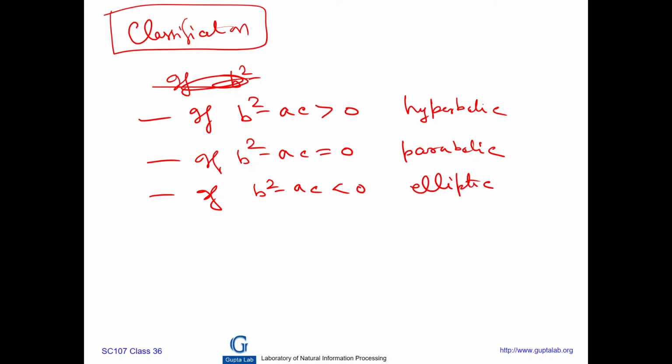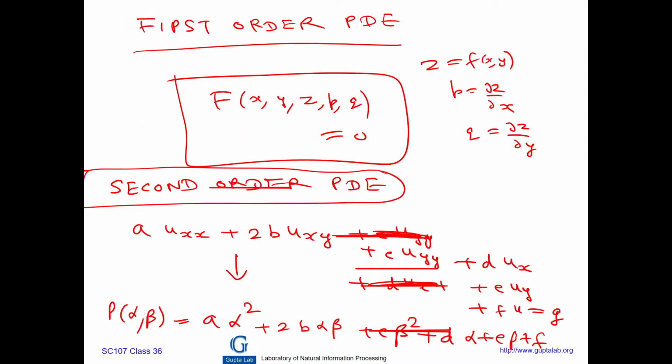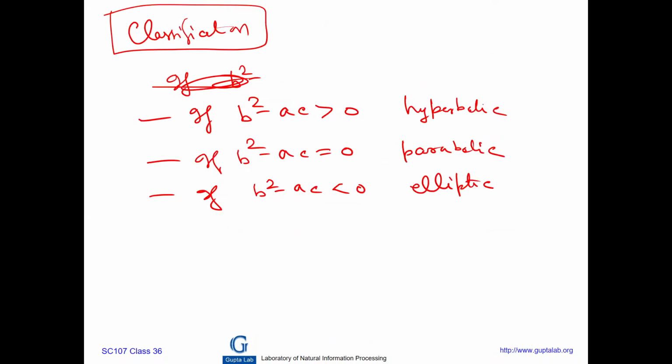So this is the classification. Based on these coefficients of the second order partial differential equation, I can compute. Essentially, it has something to do with when we solve. I'm not giving any technique to you, to convert it to algebraic equations, right? So then there are conditions. Okay.